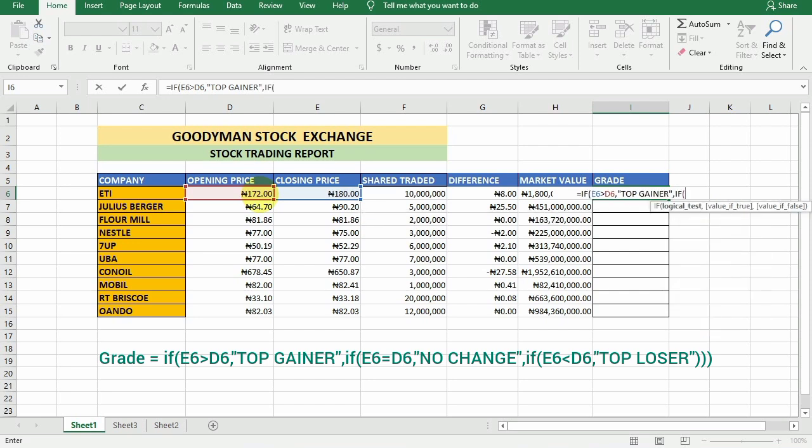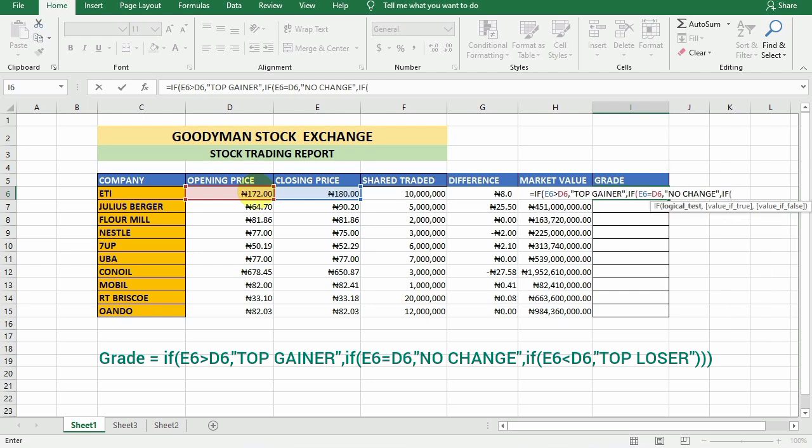Now again, IF, bracket open, closing price is equal to, now you want to verify that it is equal to the opening price, comma, it will print out no change. Comma.